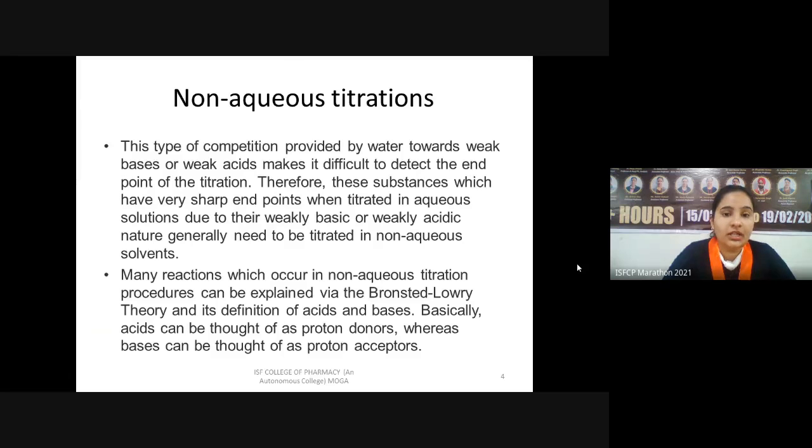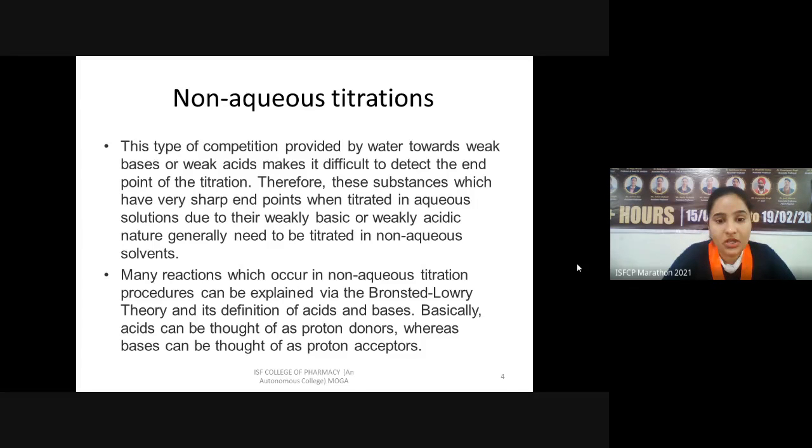Next, many reactions which occur in non-aqueous titration procedures can be explained via the Bronsted-Lowry theory. According to the Bronsted-Lowry theory, an acid is any substance capable of giving H positive ions, and a base is any substance which can accept a proton.